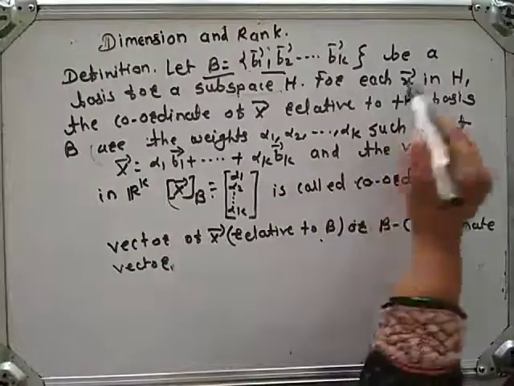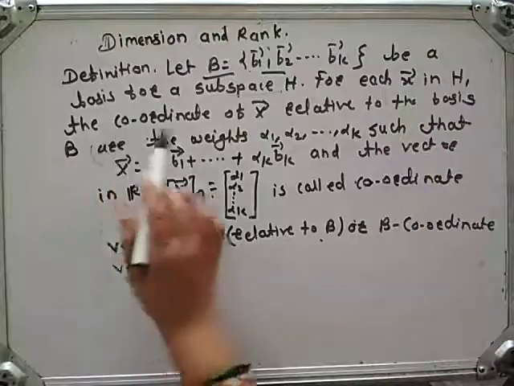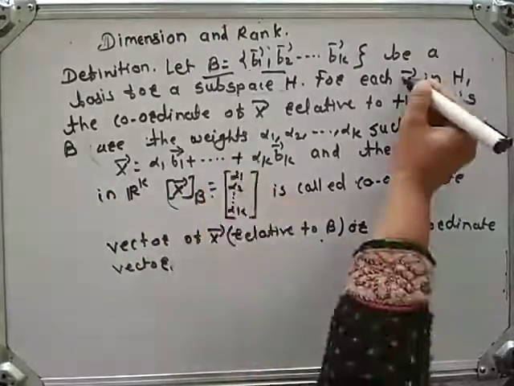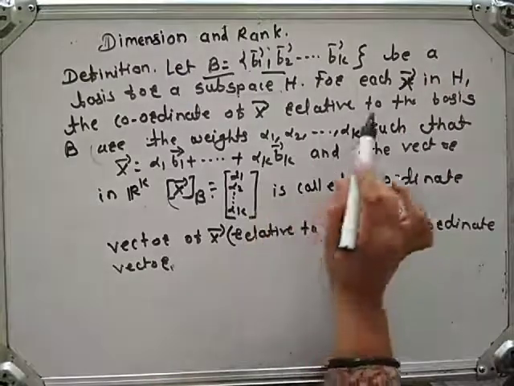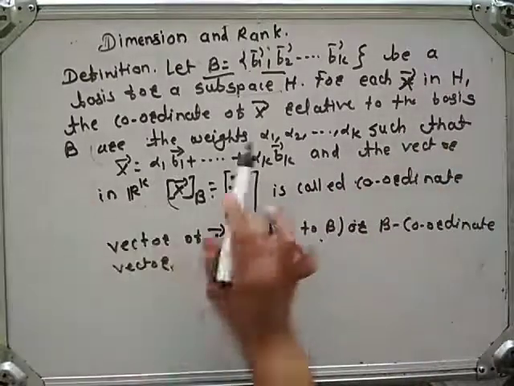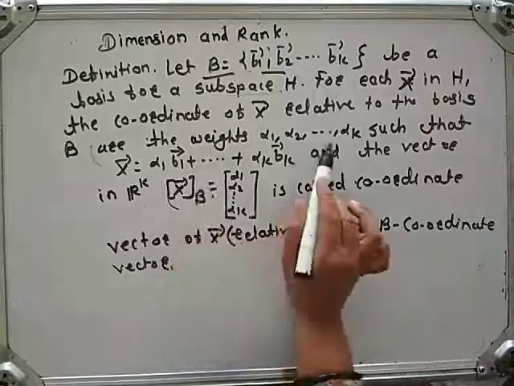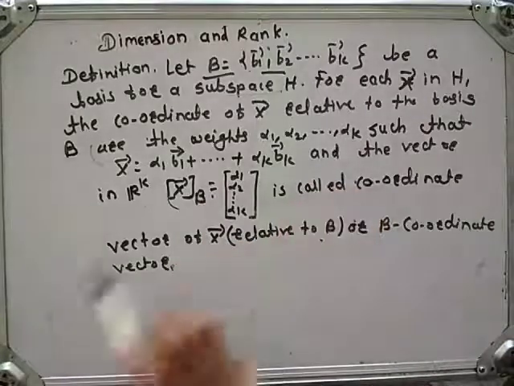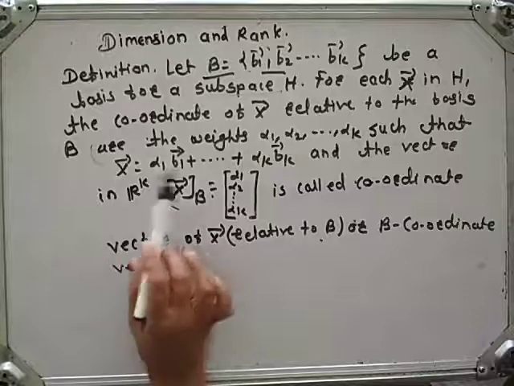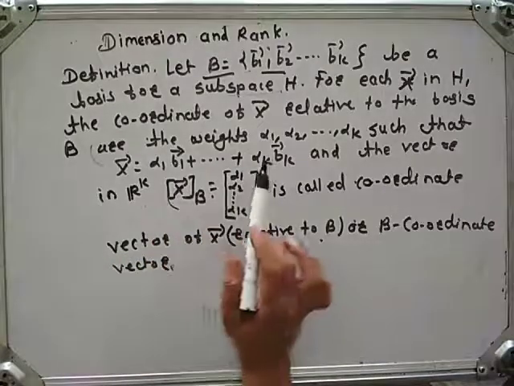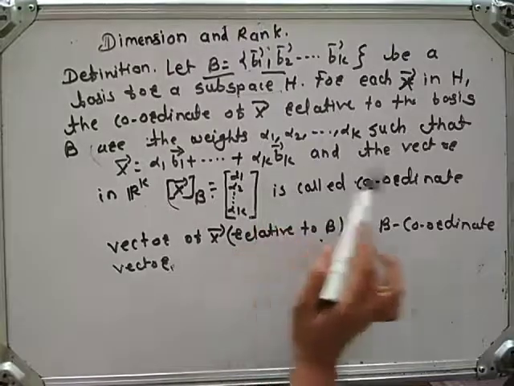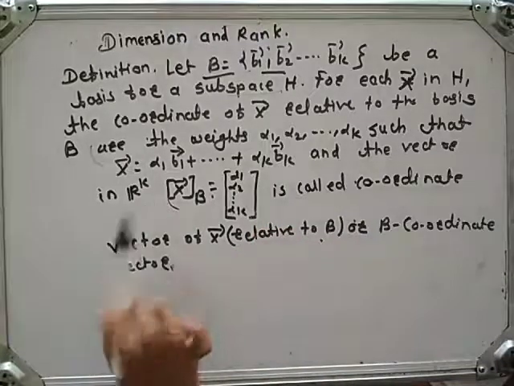Okay. For each x bar in H, the coordinate vector of x bar, take here capital X bar, relative to the basis B are the weights alpha 1, alpha 2 and so on up to alpha k, such that x bar is equal to alpha 1 into b1 bar plus and so on plus alpha k into bk bar, and the vector in Rk.